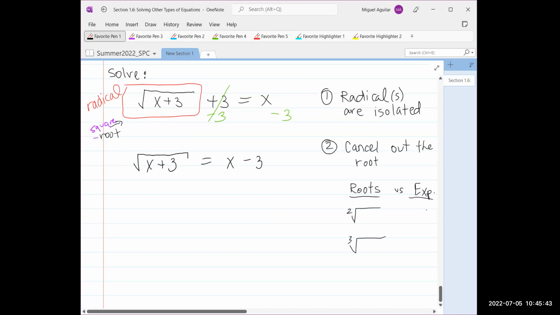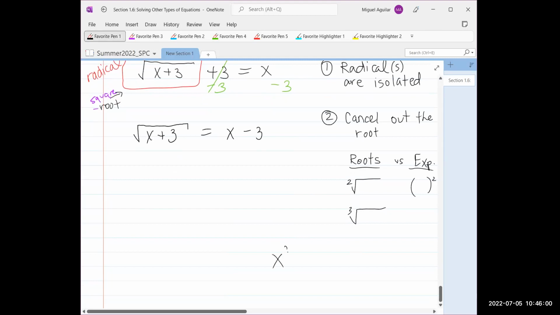What is the opposite exponent that's going to cancel it out? A 2. A 2, right? Raising something to the second power is going to cancel out that square root, in the same way that we said, if we have x squared, then we take the square root and those cancel out to give us x, right? Does that make sense?